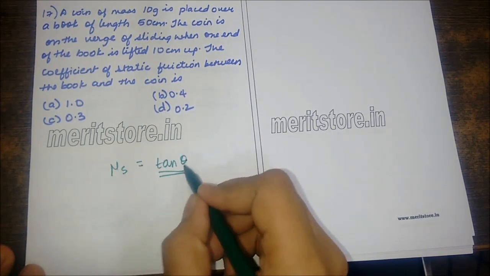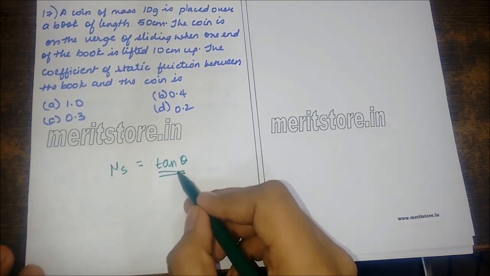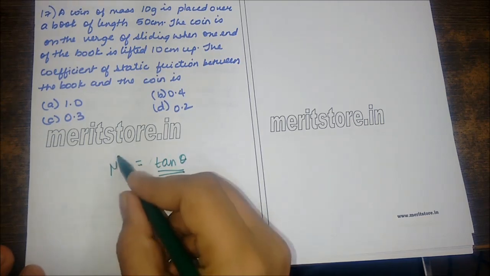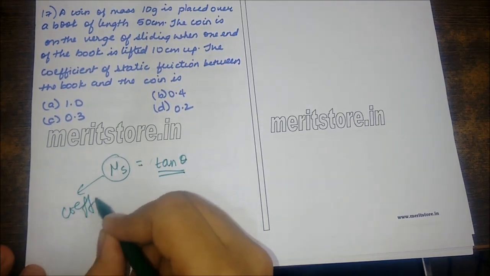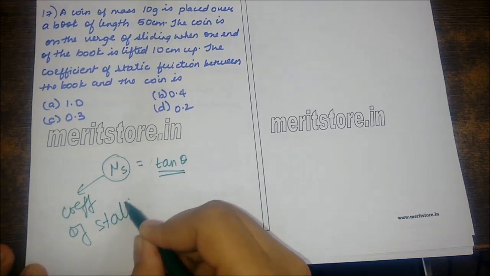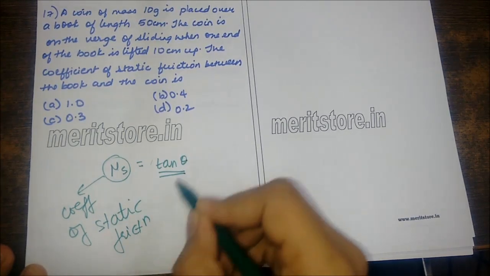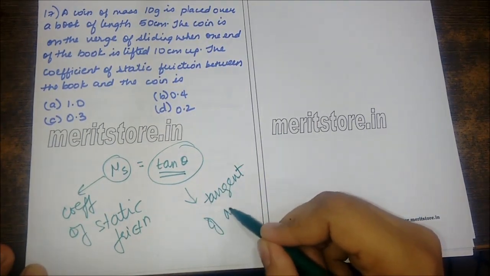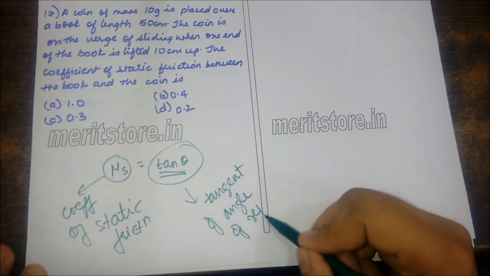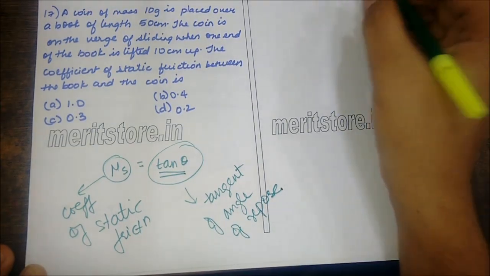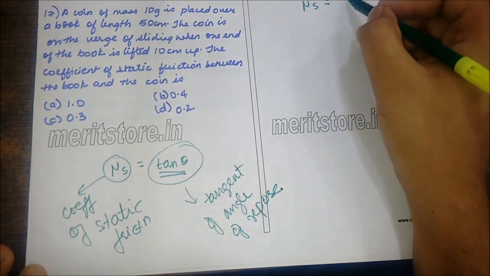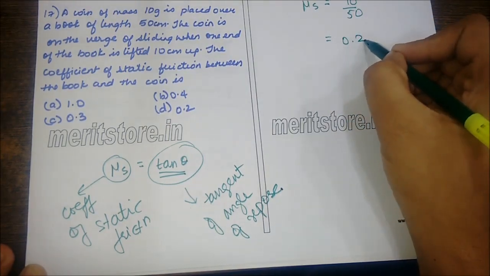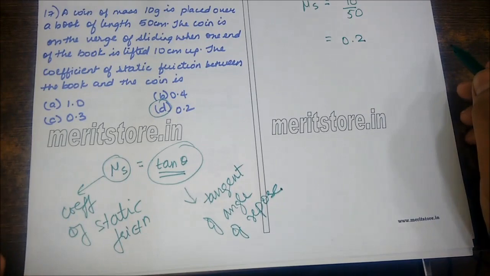Tangent of angle of repose, tan theta, is equal to coefficient of static friction mu s. So mu s is equal to 10 upon 50, which is equal to 0.2. So option D, 0.2 is the correct answer.